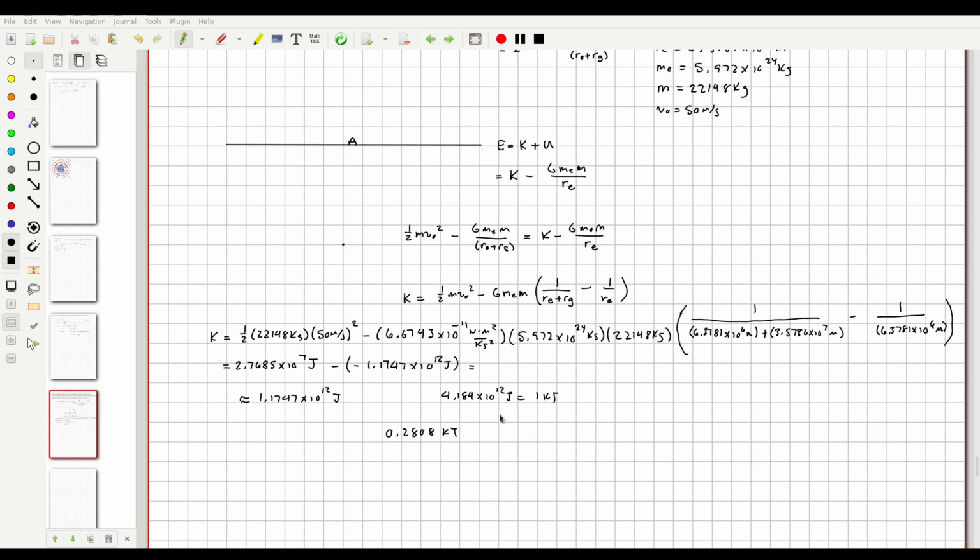Fat Man had a blast yield of about 21 kilotons. Another one was called Little Boy, and Little Boy had a blast yield of about 15 kilotons. It's called kilotons because that's in thousands of tons of TNT.